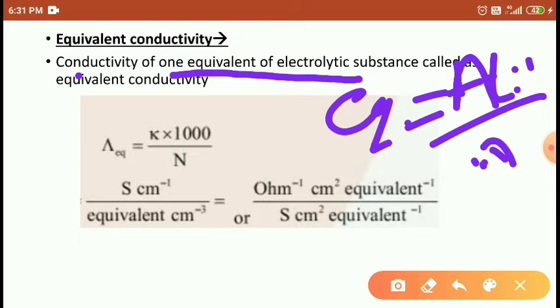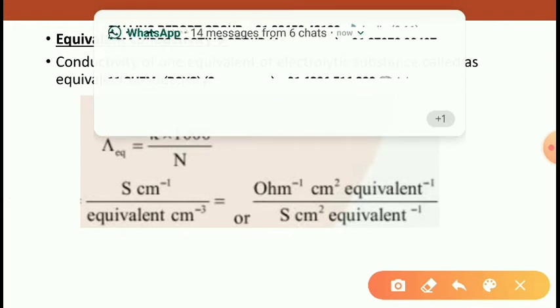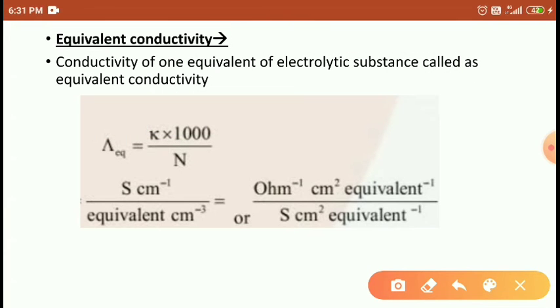If the equivalent weight of a substance is dissolved in 1 liter of water, the solution is a 1 equivalent electrolyte. We calculate the conductivity of this, which is called equivalent conductivity.